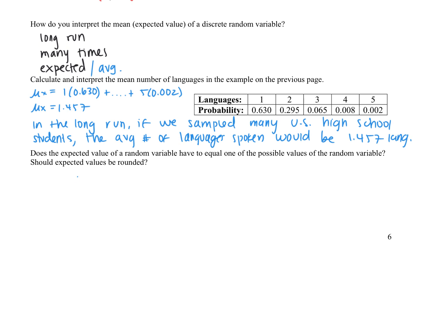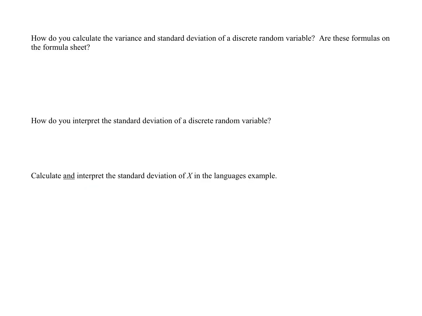Correct. If we do mean, what else do you think we're going to do? Standard deviation. Yeah, we are. Let's talk about standard deviation. This formula is a bit of a doozy. First thing to remind us of is in order to find standard deviation, which is sigma, we always have to find variance first, which is sigma squared.